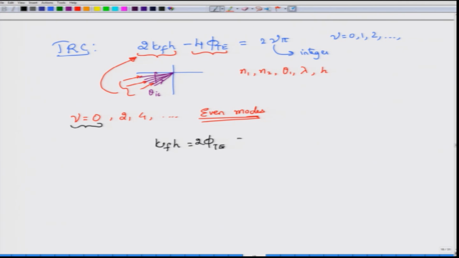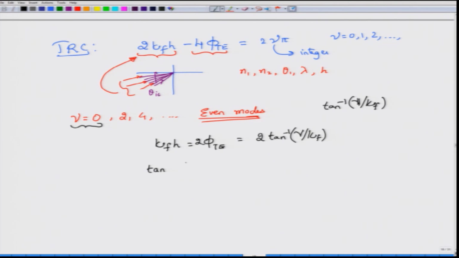But I also know what phi TE is, which is the ratio of gamma to kappa f, as we have seen in the previous module. So, this would be equal to 2 times tan inverse of gamma by kappa f. Put the tan on the other side after dividing both sides by 2.